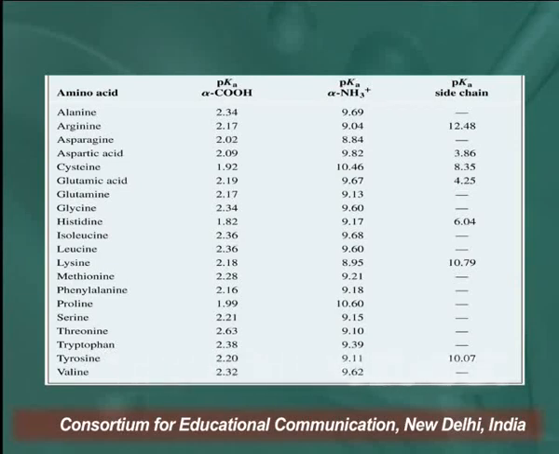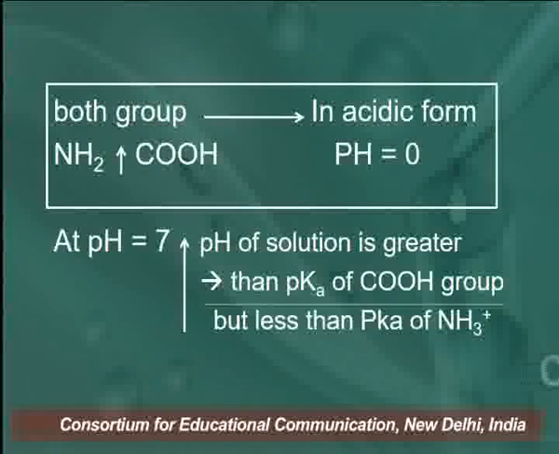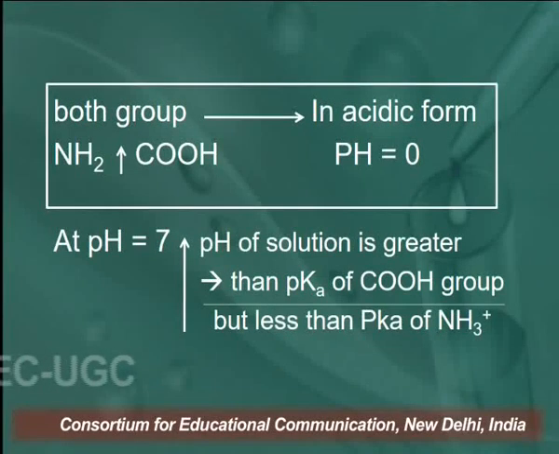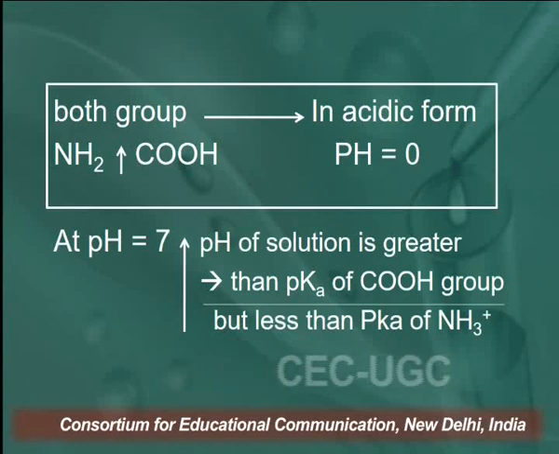Along with that there is a pKa value for the side chain, because most amino acids, except glycine, have different types of side chains. In strongly acidic solution, at pH 0, both the NH2 and COOH groups are in acidic form.